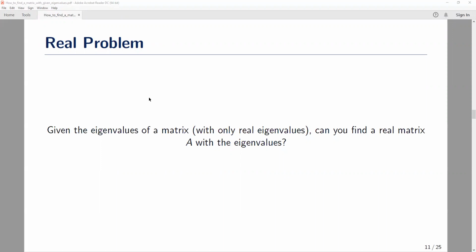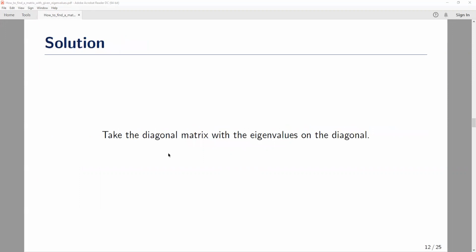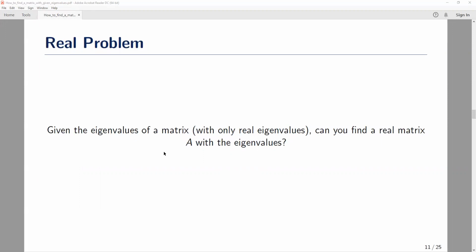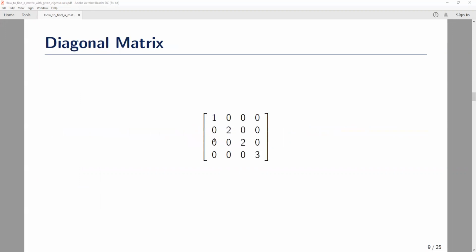So can you use the same algorithm to find a matrix whose eigenvalues are all those real eigenvalues? Yes, by just taking the diagonal matrix with the eigenvalues on the diagonal, just like I have shown here. It's pretty simple to solve for a matrix with only real eigenvalues.